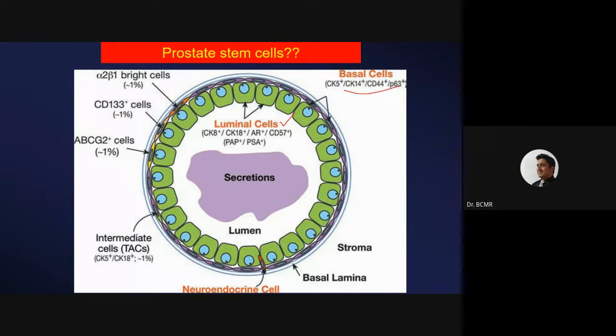We spoke about basal cells, the layer of basal cells that is stuck to the basal lamina. We also discussed neuroendocrine cells, which integrate and tell the prostate gland when to produce more, less, and so on. We also discussed the intermediate cells, transit amplifying cells.